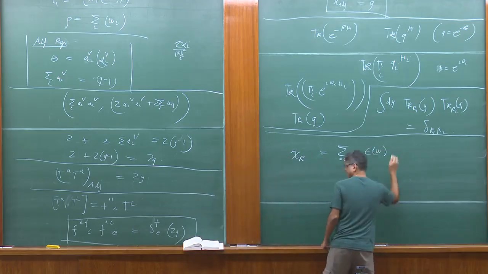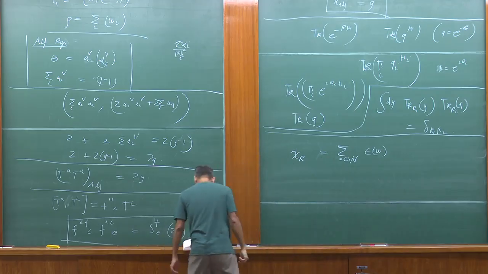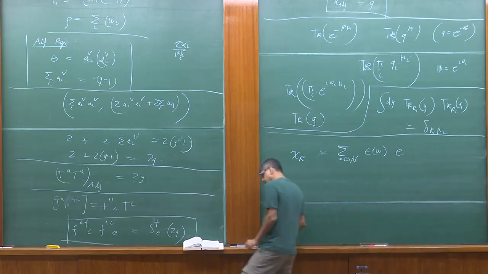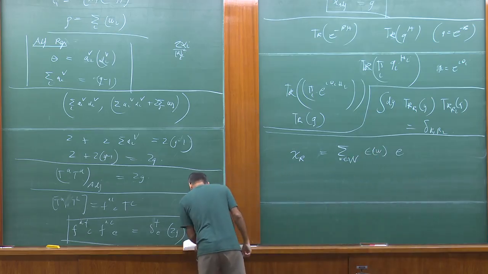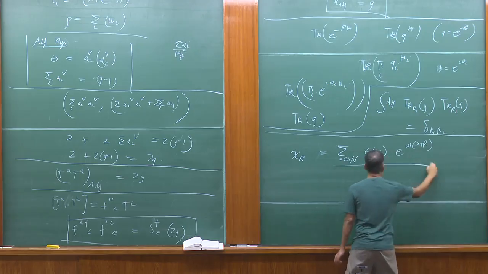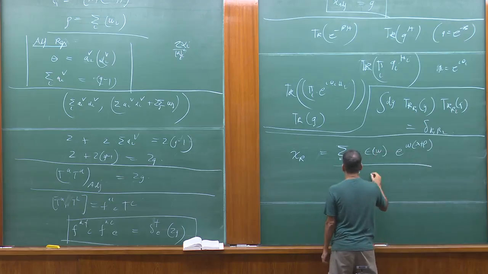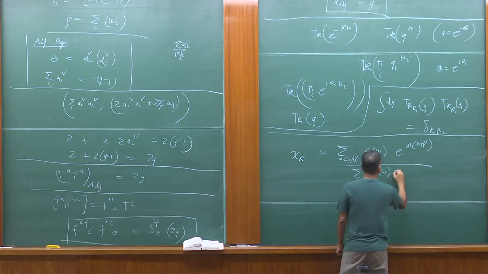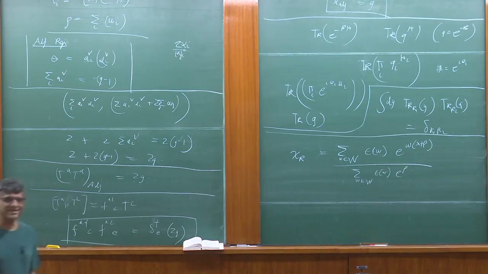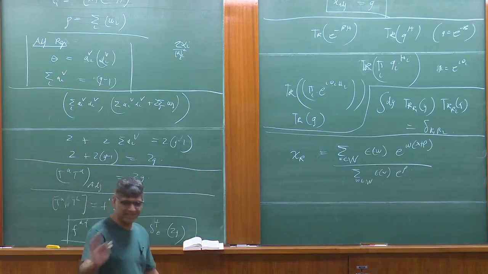I have to tell you what each term means. Epsilon of w divided by e to the power w of lambda plus the sum over w. Okay, let me tell you what each of these things mean.